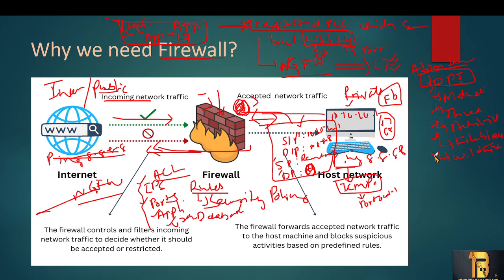Using wildfire analysis. If you have wildfire analysis, these types of files will be inspected by the firewall, and if something suspicious is identified, the firewall is going to block it.